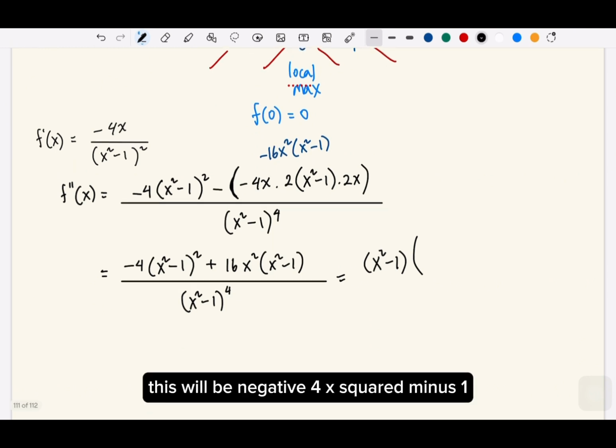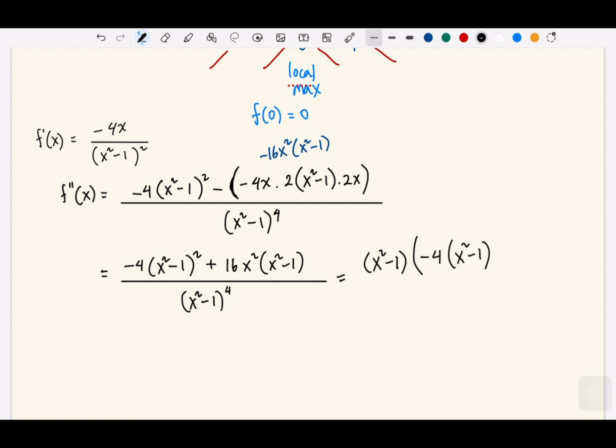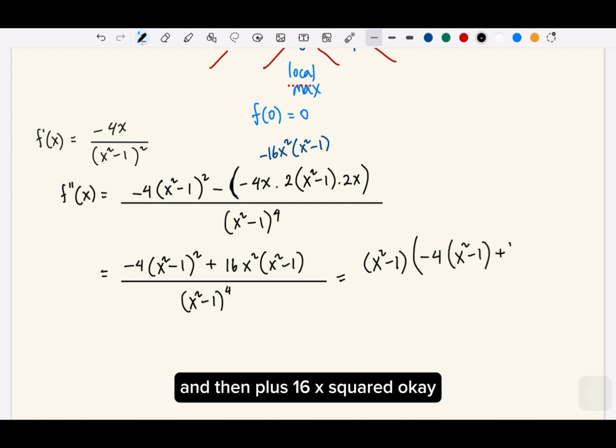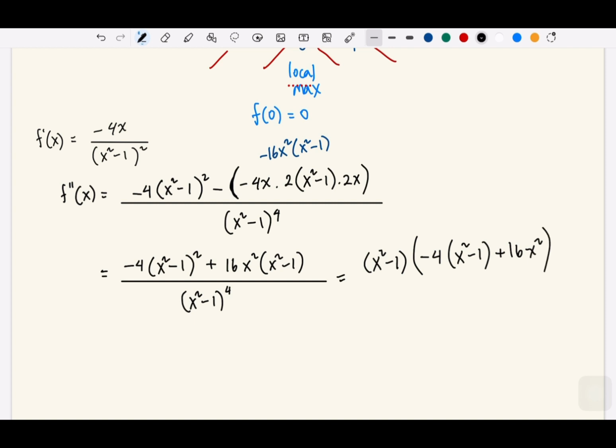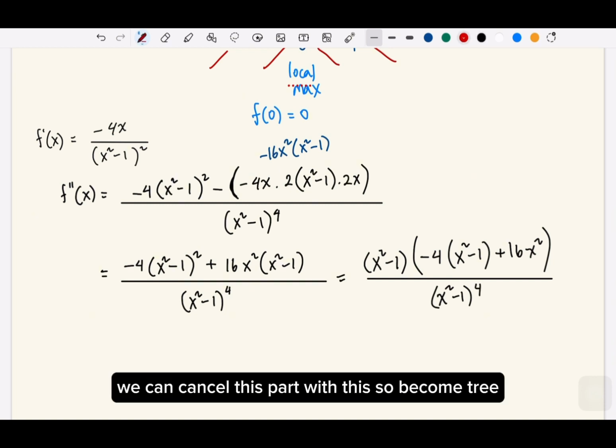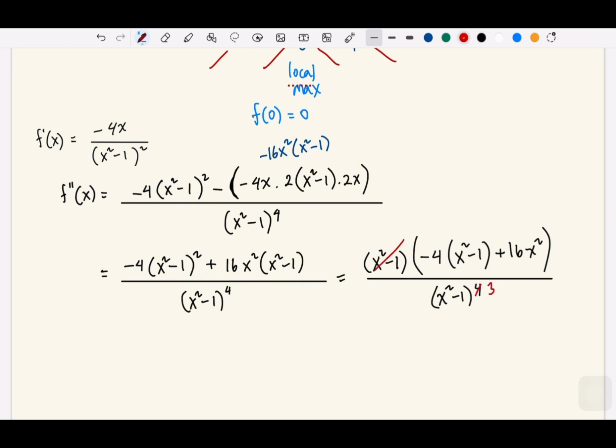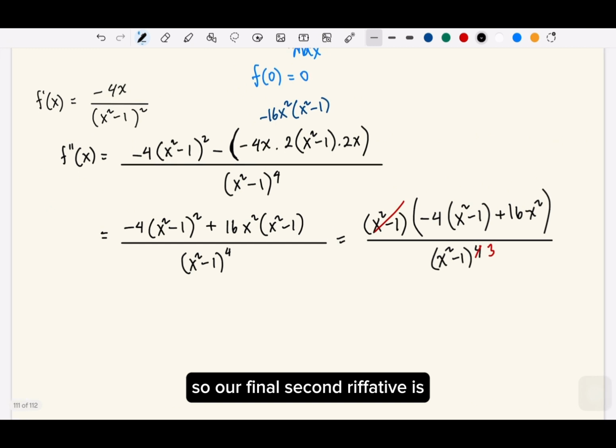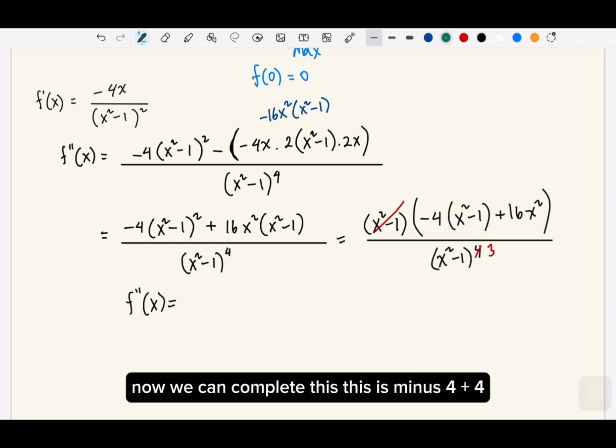This will be negative 4 times x squared minus 1, and then plus 16x squared. Okay, we can cancel this part with this, so it becomes 3.